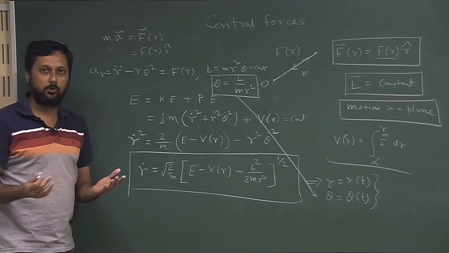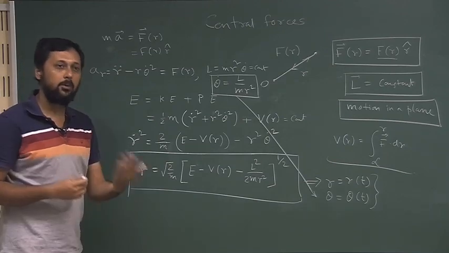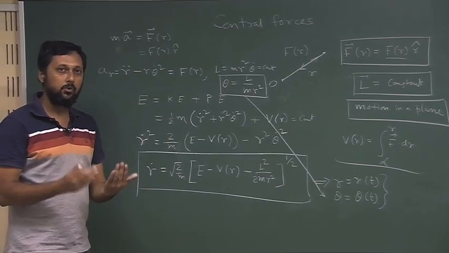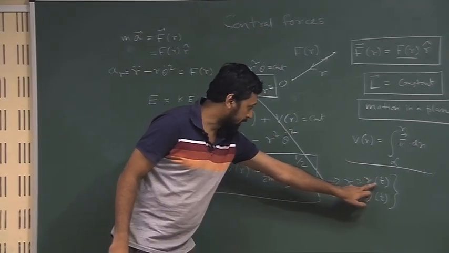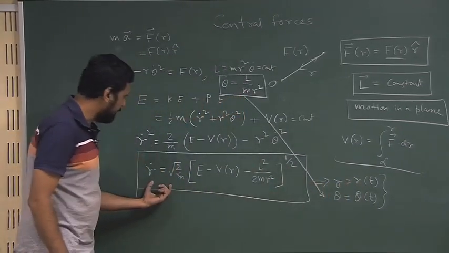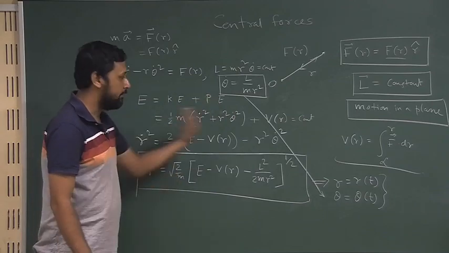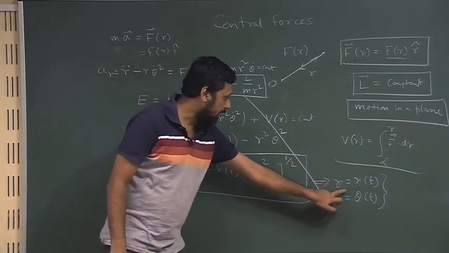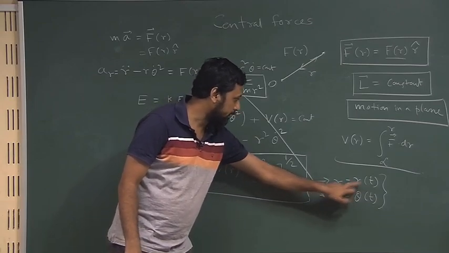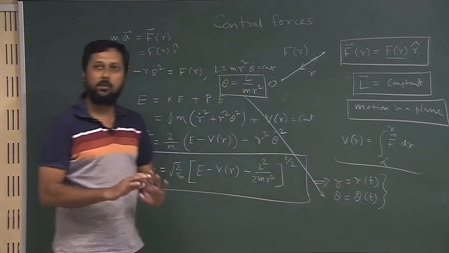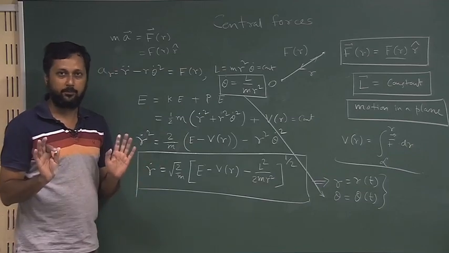So, what do we need to know in order to solve the equation of motion? We need to know r and theta in terms of time. If we can integrate this equation and this equation one after the other, to get r as a function of t and theta as a function of t, we essentially solve the problem completely.